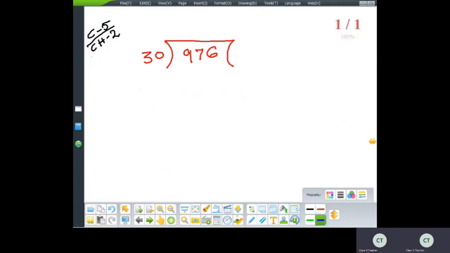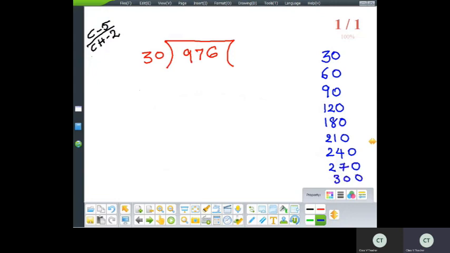So let me write the 30 table. 30 1s are 30, 60, 90, ... 300.